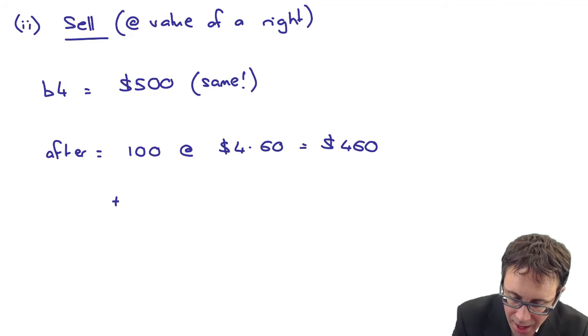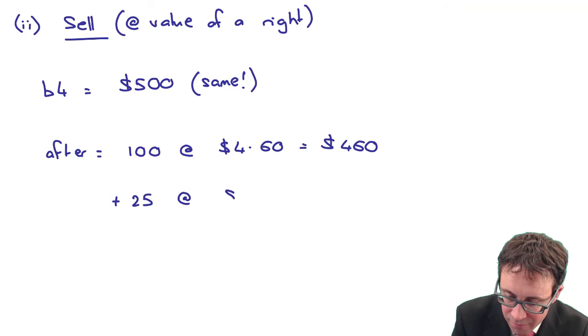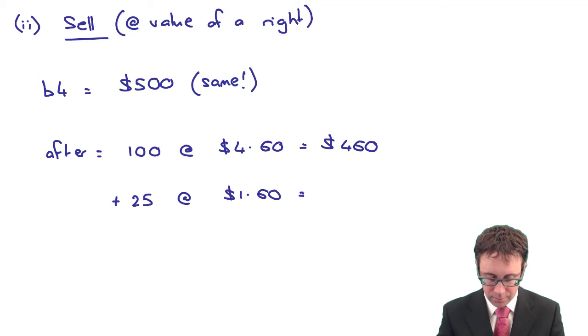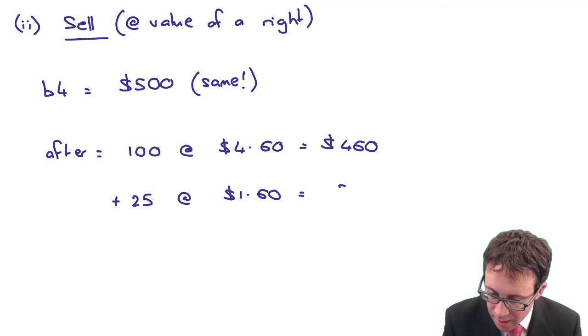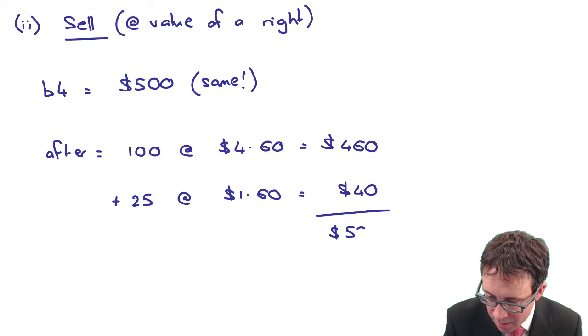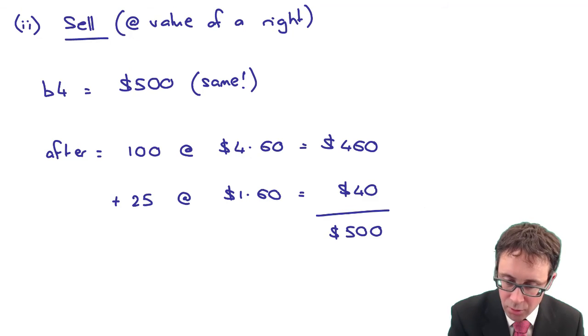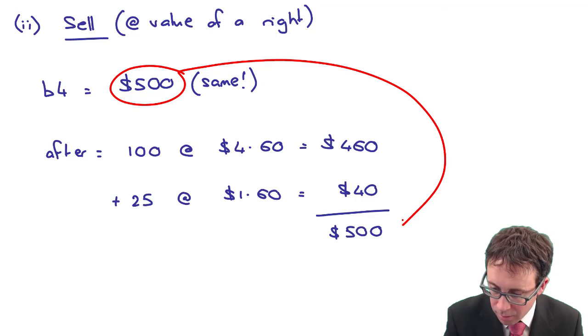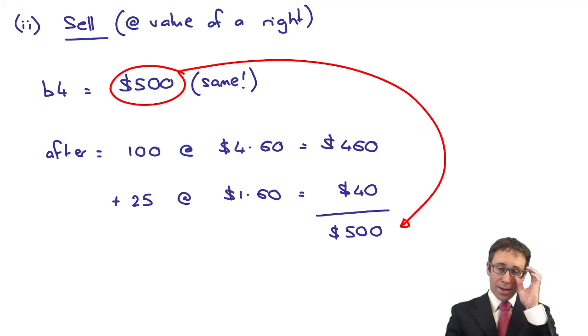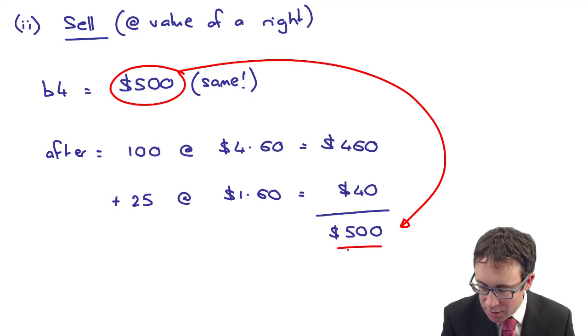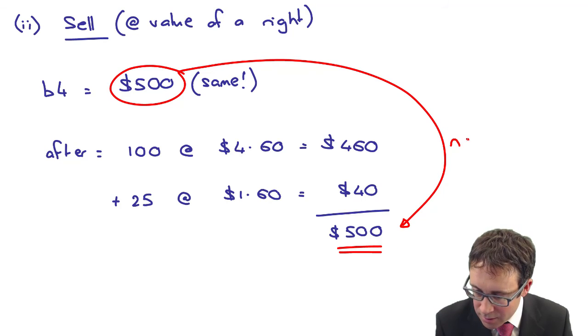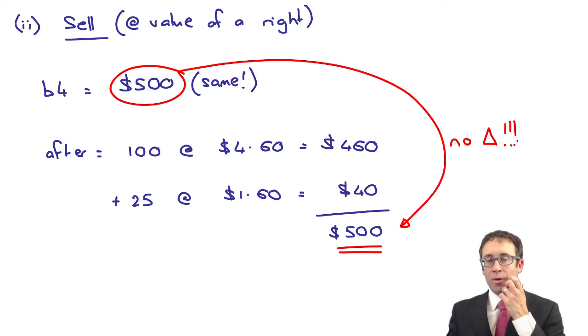Now what you've done is you've sold 25 rights at the value of a right. Is that there at $40? And when you add the two together, it is pure magic, because once again you can see that there is no change in wealth.